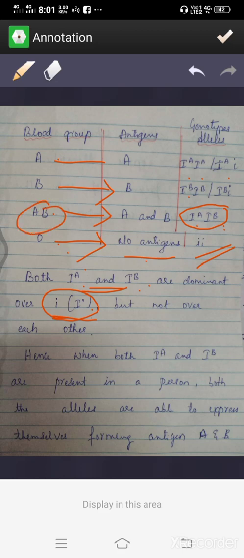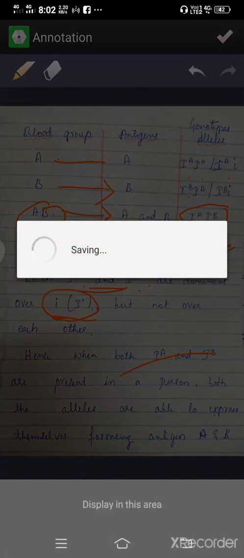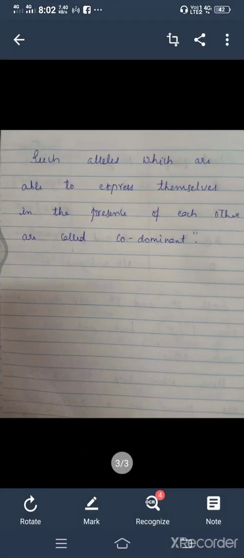Both express together, and that is called codominance, forming the antigen A and B. Such alleles which are able to express themselves in the presence of each other are called codominant alleles. So codominance means both of them express together. Neither of them is dominant over the other, both are dominant, not only one is dominant. That is called codominance.